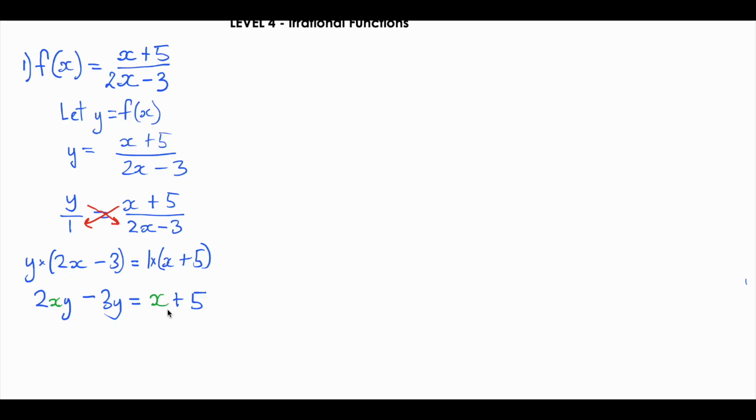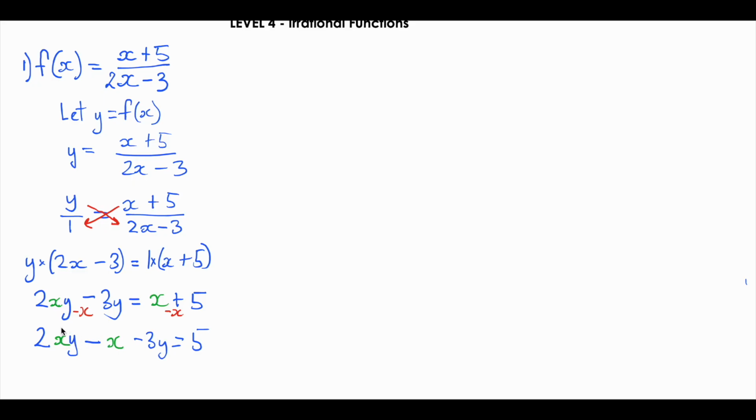So the first one, let's get this x over here. Right now this is a positive x, so we subtract it from this side, and we subtract it from this side, so it's no longer there. Now we're going to have 2xy minus x minus 3y, which is equal to 5. That's what's left over here.